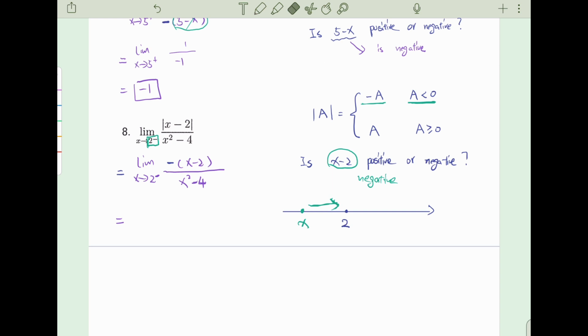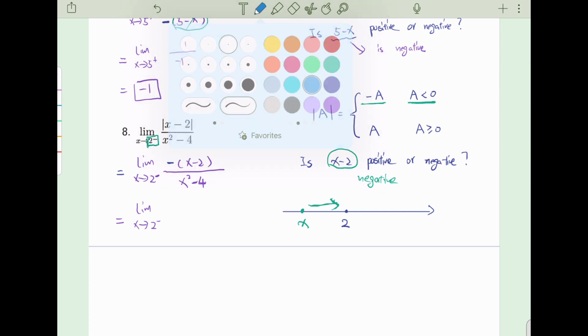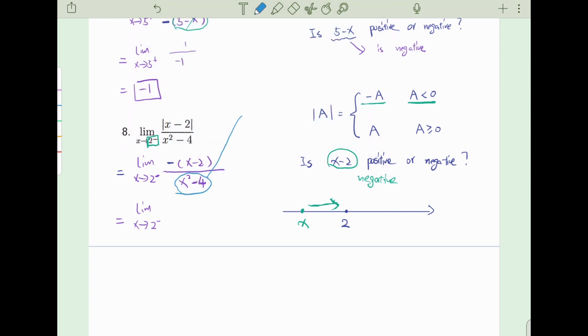So now I can just make use of the difference of square formula to write this out. This bottom here is x squared minus 2 squared, which is x plus 2 times x minus 2, according to the difference of square formula. So now I rewrite it, and see that there's the same factor on the top and the bottom.